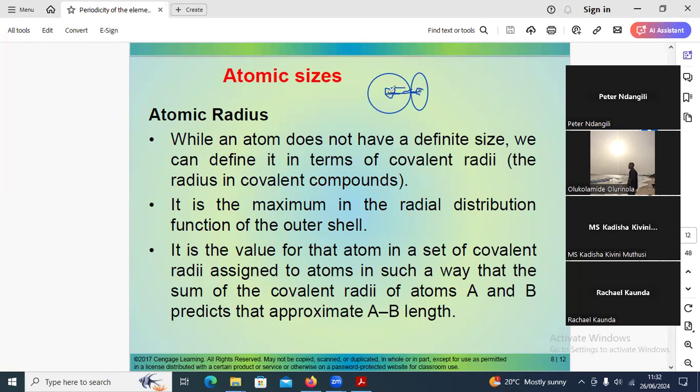And therefore, if you get a half of this distance, then it is going to give you that particular atomic radius, if we are talking about atoms of the same element, okay? If we are talking about atoms of different elements, then I'm going to show you a different way of calculating that. I think it should be part of my presentation here as we go on. I'll be able to illustrate that.